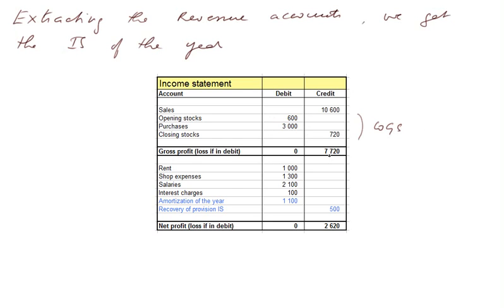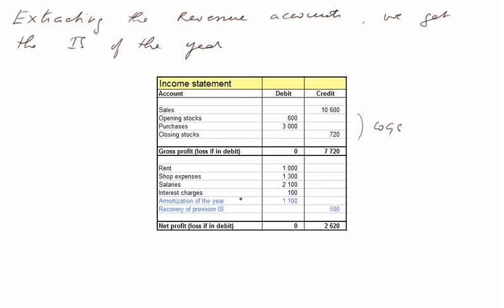A gross margin of 7,720, and the various charges of the year: rent, shop expenses, salaries, interest charges on the loan, and the two yearly adjustments that we just made. And I made no more. I decided that there was no more provision for bad clients, no prepayments, and no accruals in there.